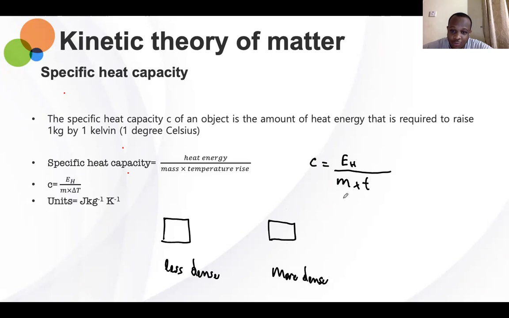Now, if we want to look at how temperature change affects the specific heat capacity, we could apply 500 joules to both of them, just for investigation. We apply 500 joules to the less dense one and the more dense one. They both have some form of temperature change, but which one will have a greater temperature change?